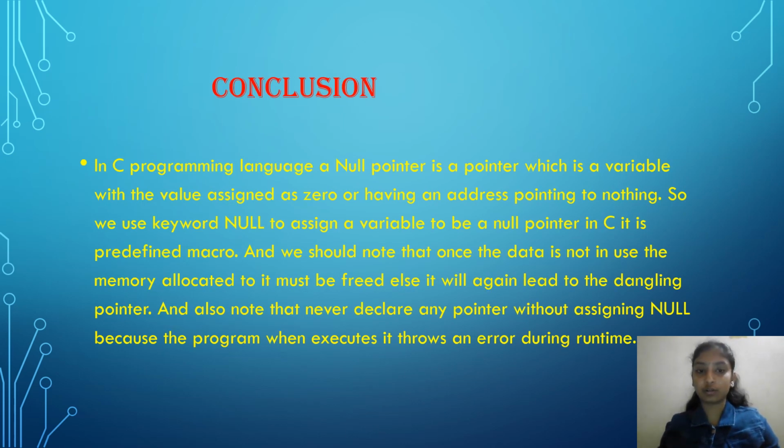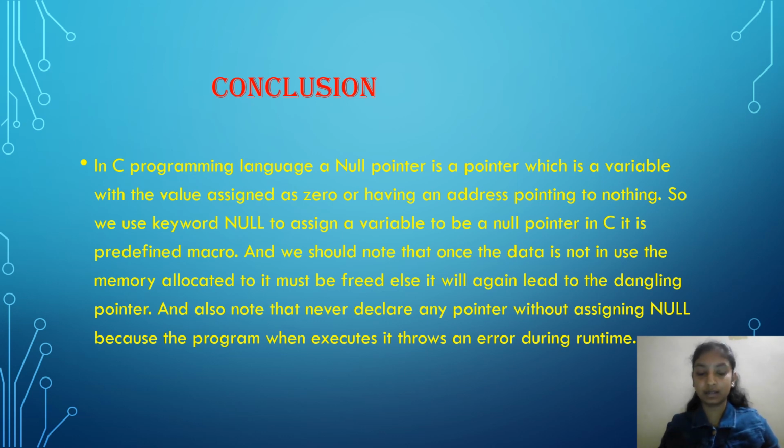Then the conclusion of null pointers is: in the C programming language, a null pointer is a pointer, which is a variable, with the value assigned as 0 or having an address pointing to nothing.